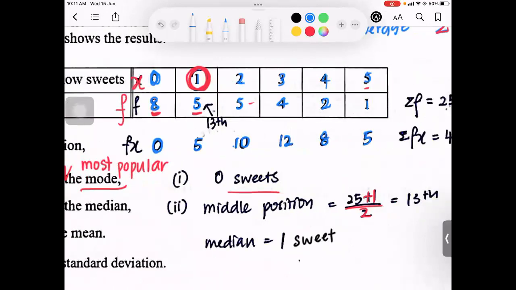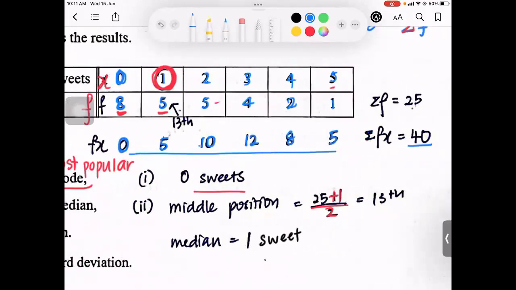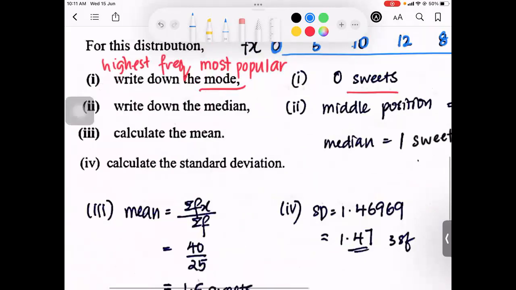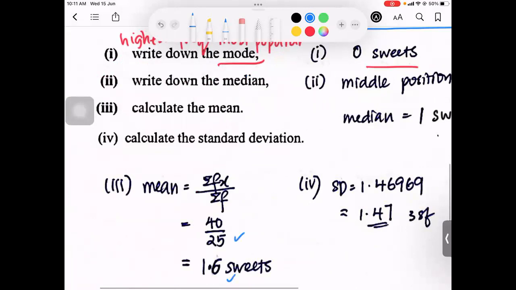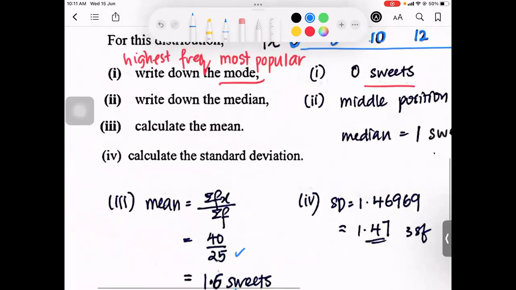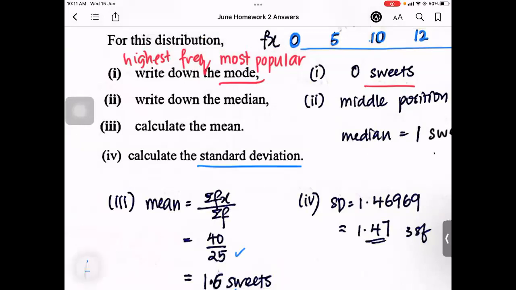Add up all these numbers, the sum of fx, that's 40. Divide by my total frequency, 25. Because the next part says standard deviation, I still need to key this into my calculator.